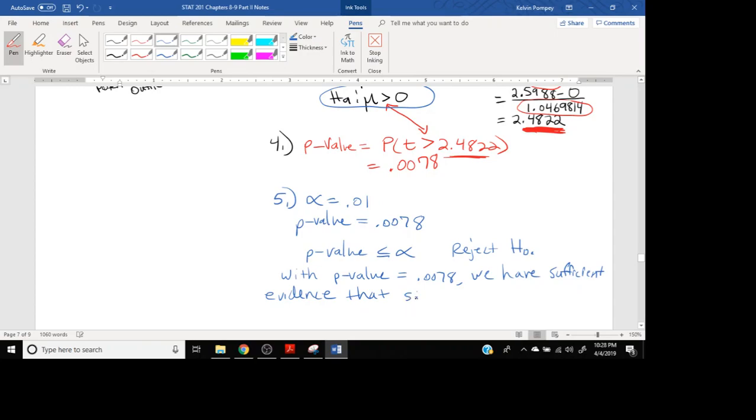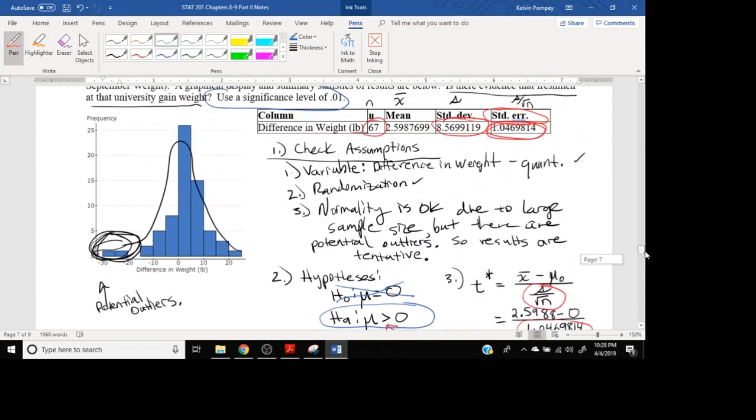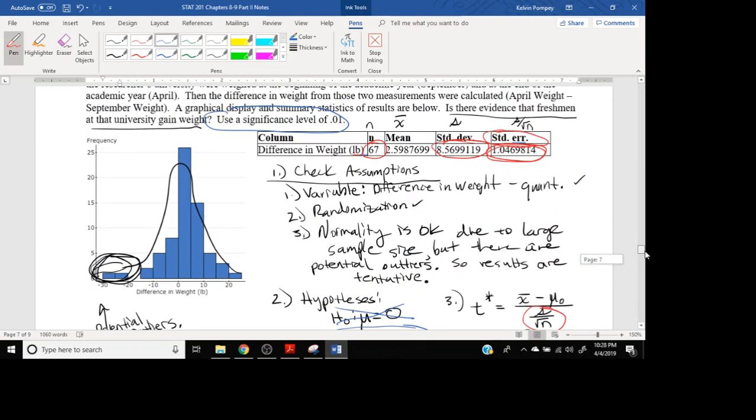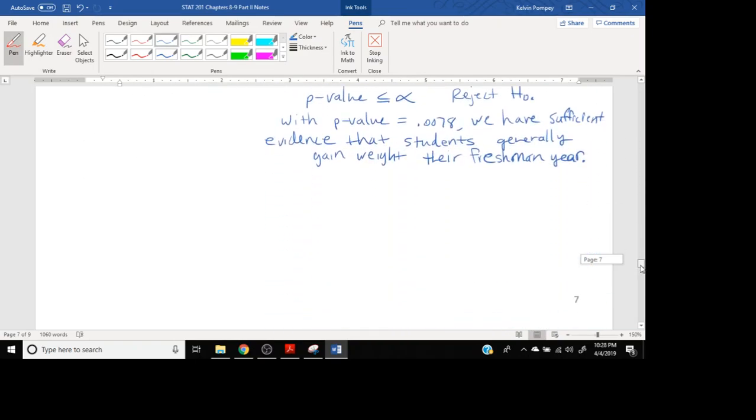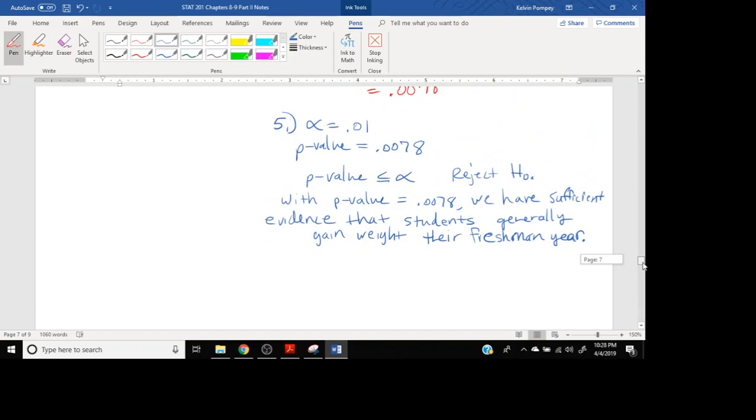That means students generally gain weight their freshman year. Now, we don't know how much weight they gain. That's what a confidence interval is for. But we just tested that hypothesis of whether or not they gain weight, right? Students at that university gain weight. Freshman students at that university gain weight. And that is how we conduct a hypothesis test for a mean.